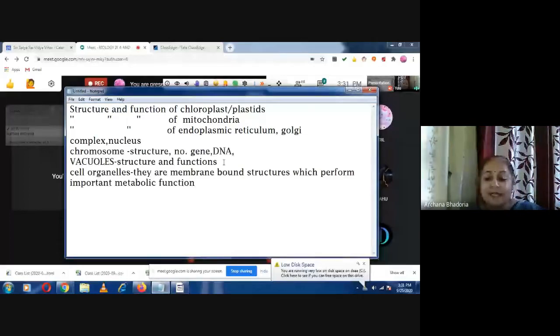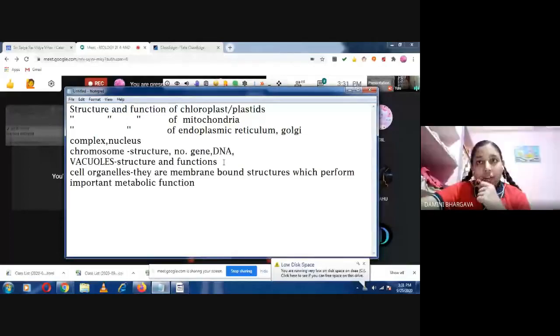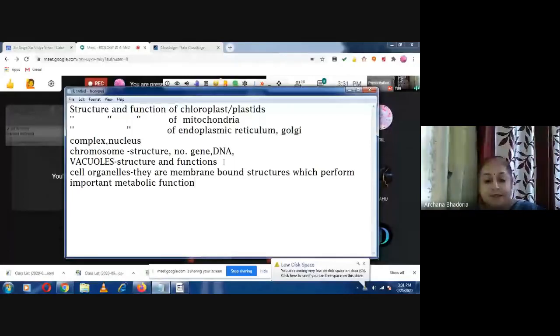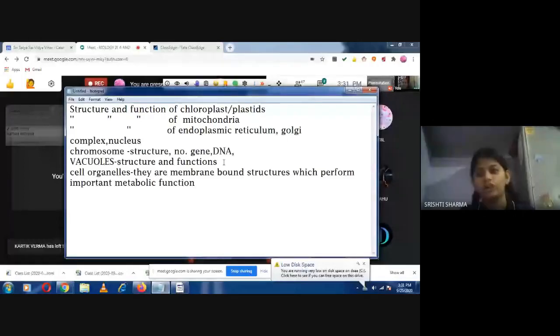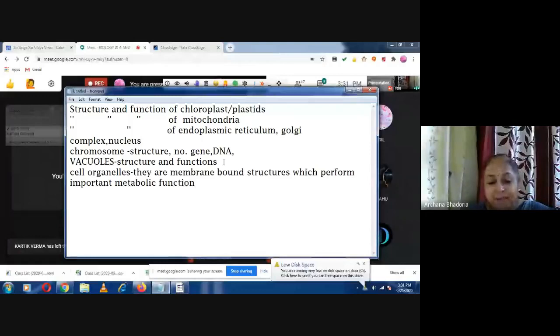Cell membrane is a different thing; we are asking about cell organelles. Endoplasmic reticulum, Golgi complex, mitochondria, plastids, ribosomes, lysosomes, and nucleus. Remember, all of these you have listed are organelles. Why are you calling them organelles?